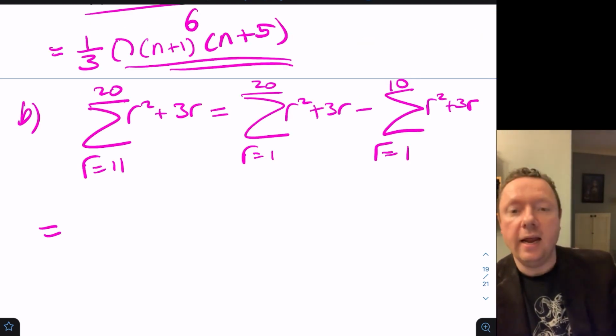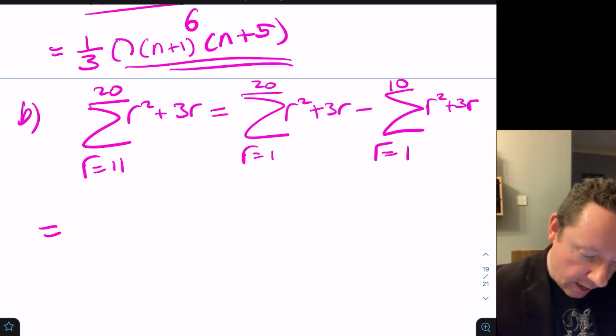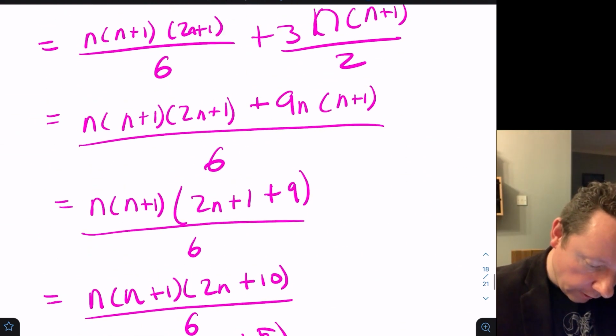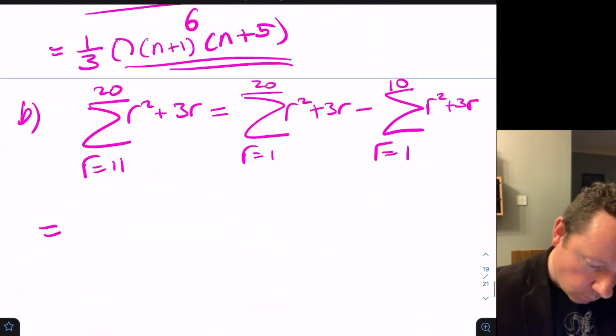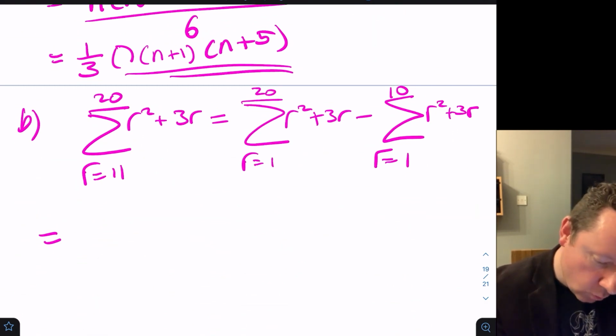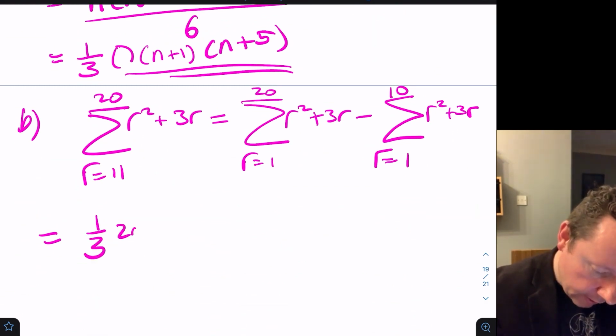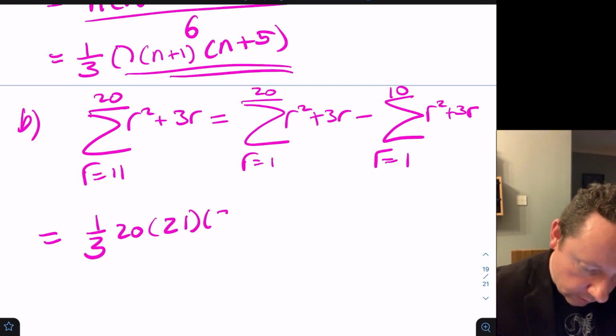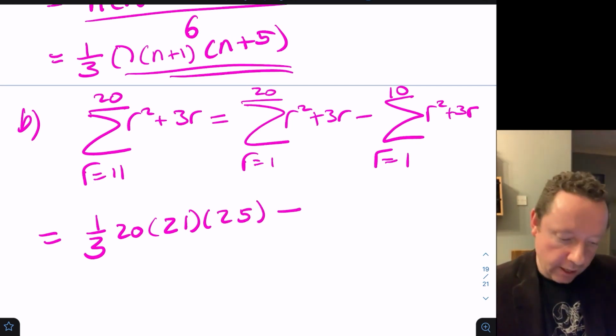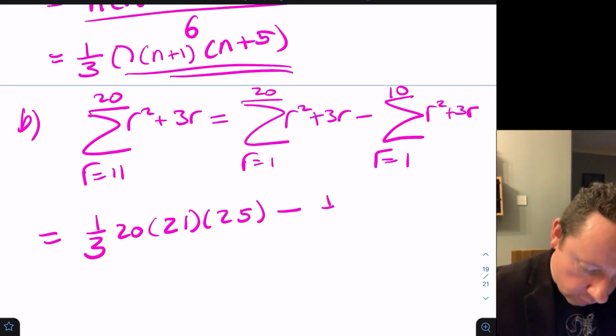And we've got a third n plus 1, n plus 5 for r equals 1 to n. So n is 20 in the first one, so we've got a third of 20, 20 plus 1 is 21, 20 plus 5 is 25, minus, and then our n equals 10, so we've got a third of 10 times 11 times 15.